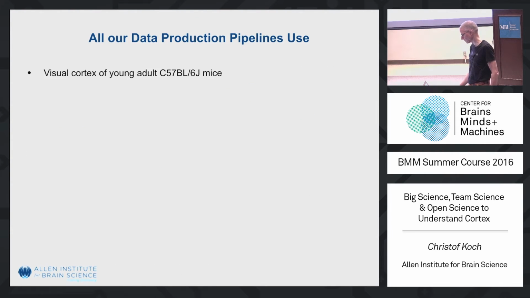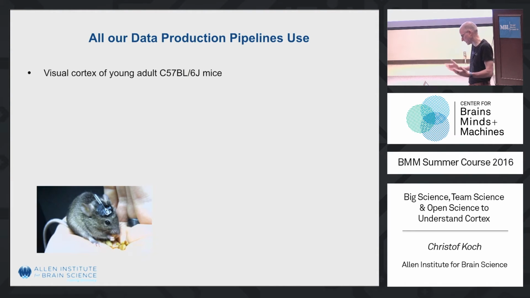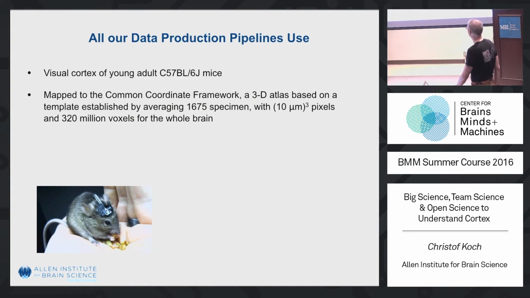All right, so with all the data production pipelines at the Institute, it's just easier to get common data and always refer to the same animal at roughly the same age and the same strain, because as your question implied, there are different strains of mice and they are different. And of course, mice develop and age, so you want to make sure you're comparing apples with apples. So we use young adults, typically 55 to 60 days old, both males and females.